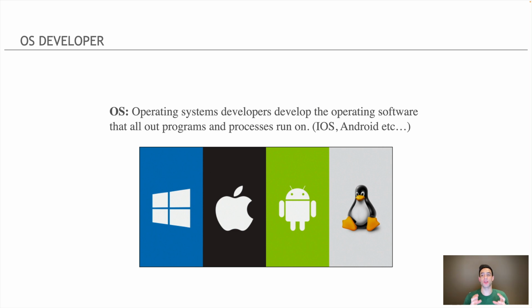This one's interesting too, because as we go deeper and deeper, it gets harder and harder. An operating system is one of the most challenging software engineering roles you can have. They develop iOS, and now there's more AI, artificial intelligence, that iOS is making. Same with Android. So that's the operating systems developer.